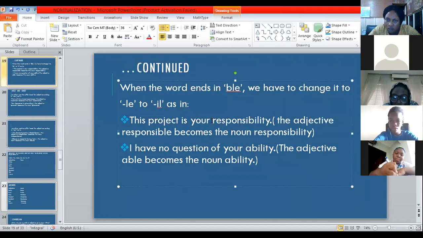What changed? Responsible usually ends with BLE, isn't it? But we remove the LE and in its place we add what? ITY. I have no question of your ability.